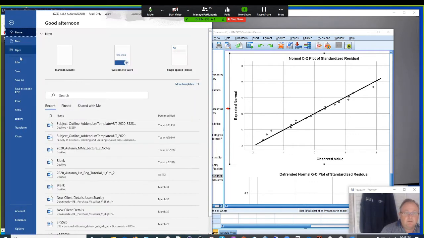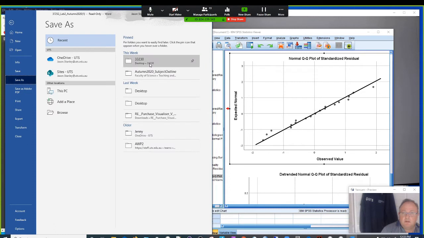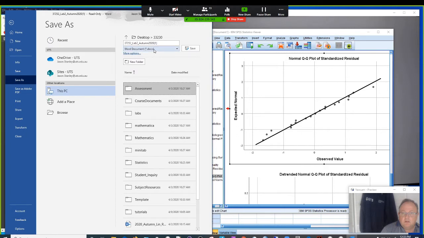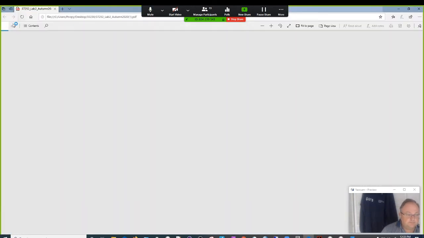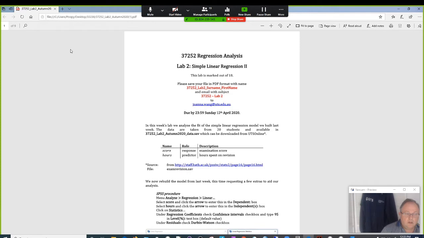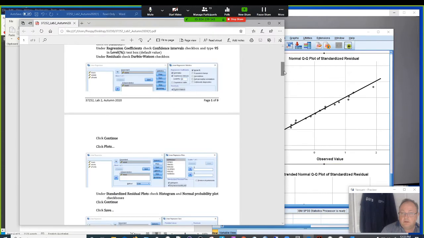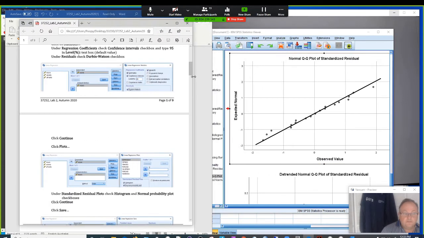So what I'm going to do is I'm just going to save this. Anywhere will be fine. And I'm just going to save it as a PDF. Go ahead. And I'm just going to pull that up. The SW, we're going to be using the SW. We'll always use that SW here.